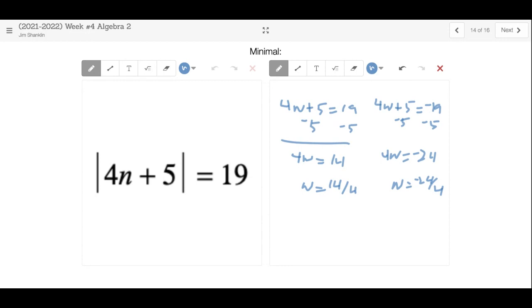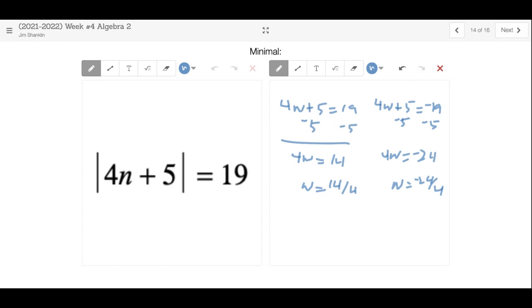All right. So the first type of problems on this week's assessment are absolute value problems where the absolute value is already isolated. So what are you going to do? You're going to rewrite it as two separate problems, and you're going to solve, right? So you'll have two distinct answers for those problems.